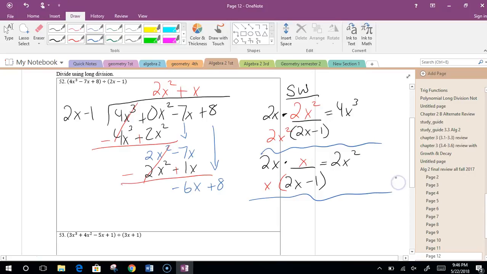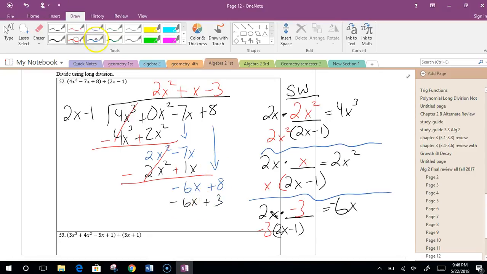So our last set of scratch work is going to have 2x times something has to give me a negative 6x. Well, 2 times what would give us negative 6? That would be a negative 3. So if we re-multiply negative 3 times 2x minus 1, we would get negative 6x plus 3.